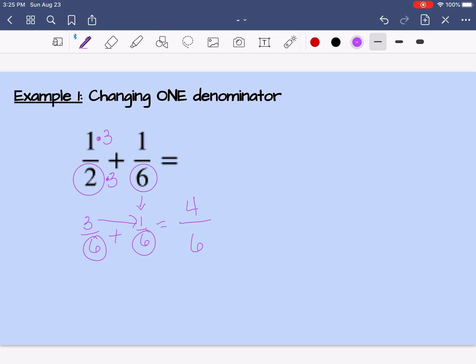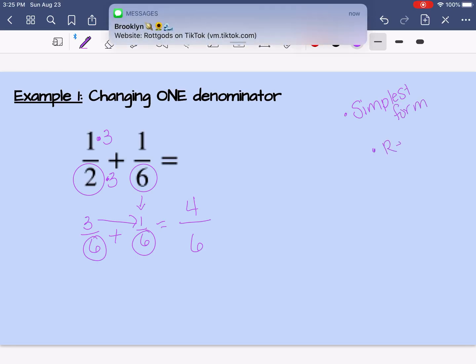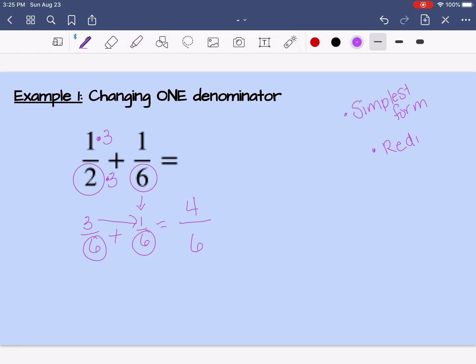So simplest form is the same as reduce is the same as lowest terms. So if they're asking you to do that for fractions, they all mean the same thing.